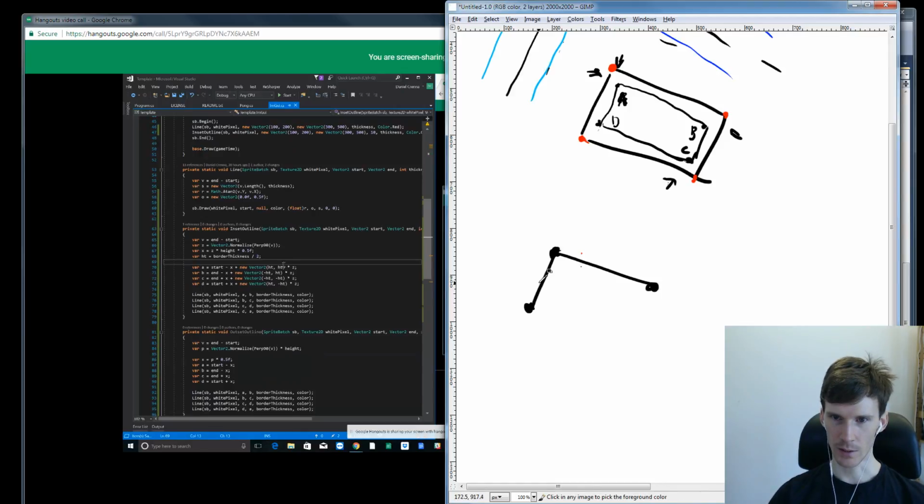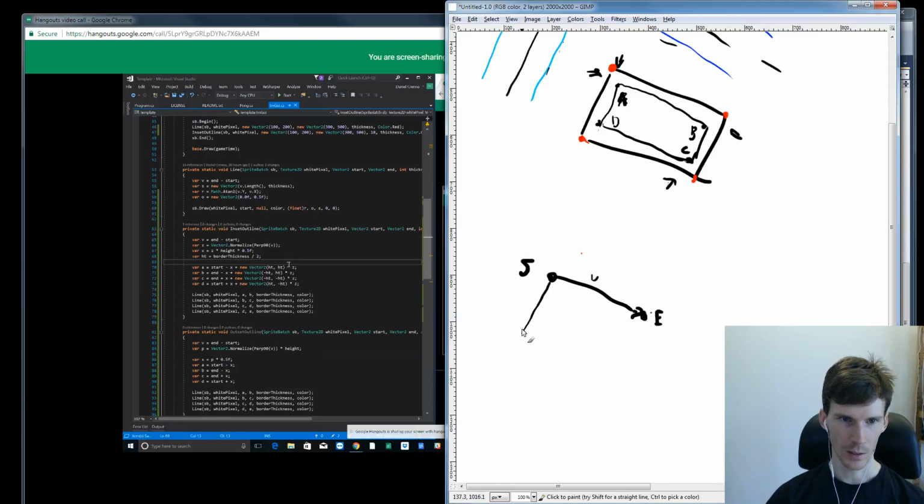Sorry, let's think about that a bit more rigorously. We've got start, and we've got end, which gives us v, which we still have, and then we're taking the perpendicular of that and normalizing it. So that's going off to wherever, and we are then taking the normal.